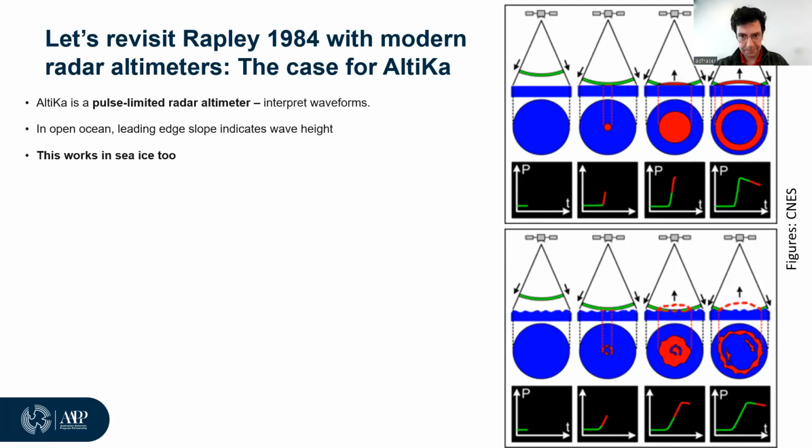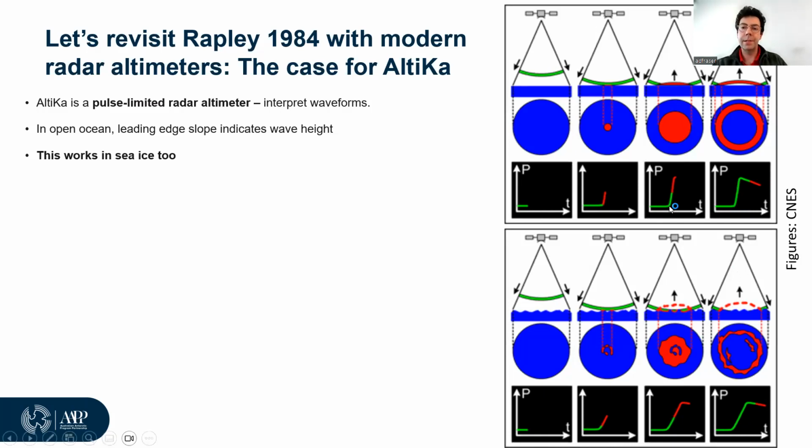The good thing about radar, of course, is it can go right through clouds. And they use radars for determining waves in the ocean. The way that this works is if you have a calm open ocean, as depicted in this panel, a lot of the radar return occurs at the same time because the surface is quite flat.